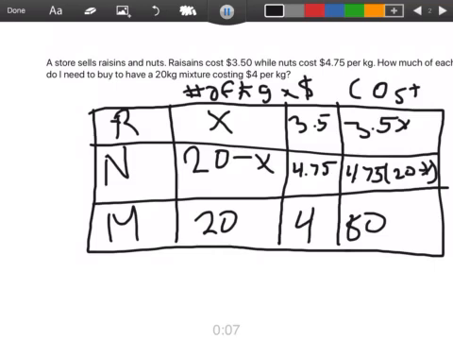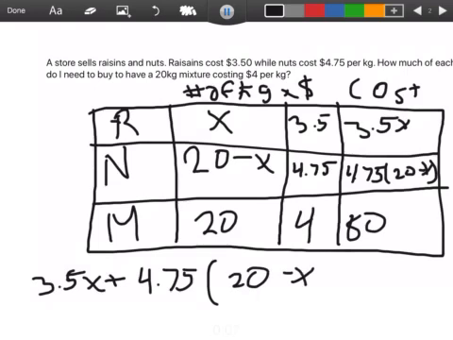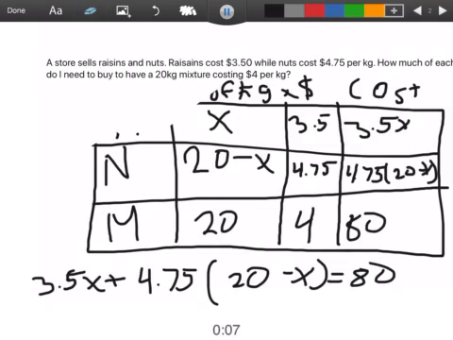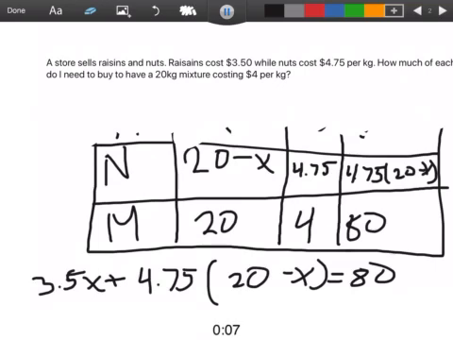Since we're trying to make a mixture, we're adding raisins in that. So 3.5x plus 4.75 times 20 minus x equals 80. Now since we have all of our information in the equation, we can erase this chart.